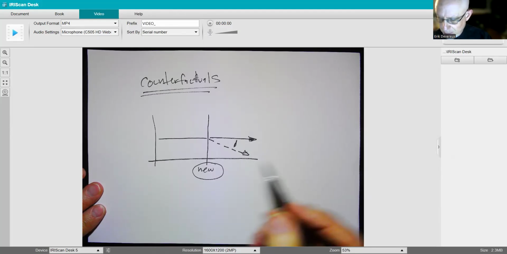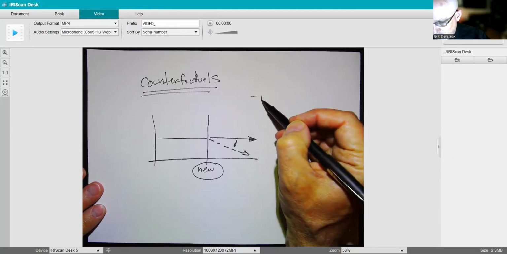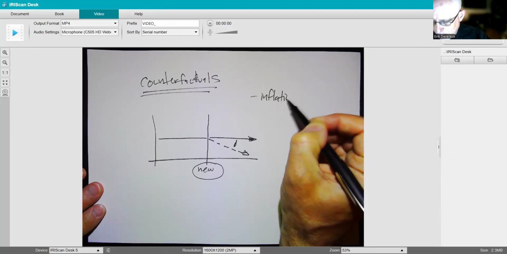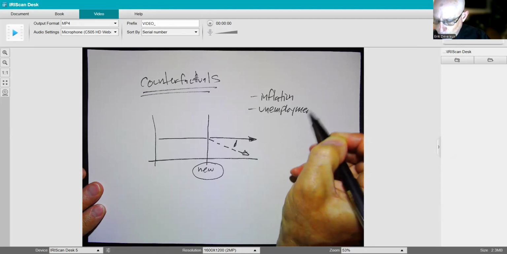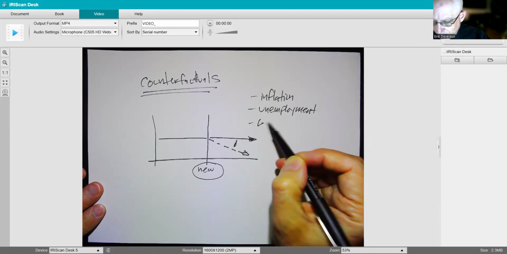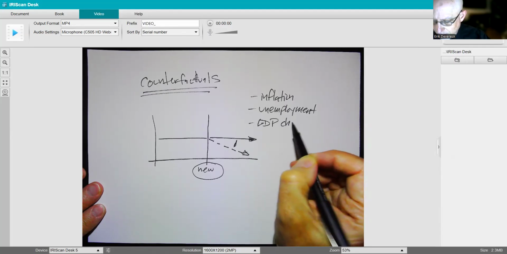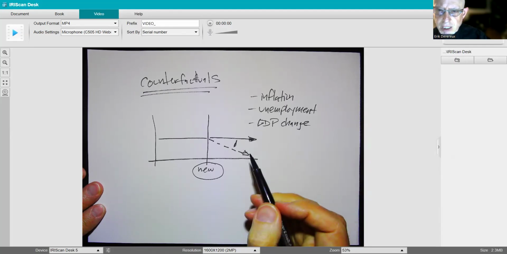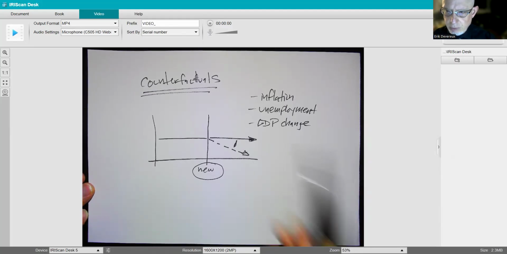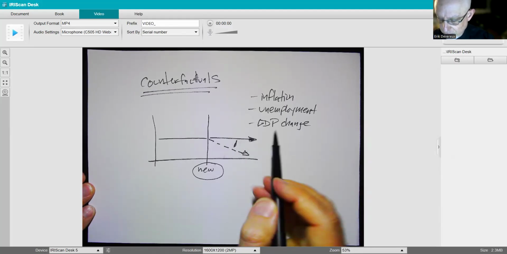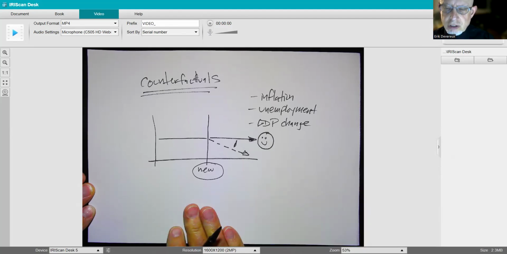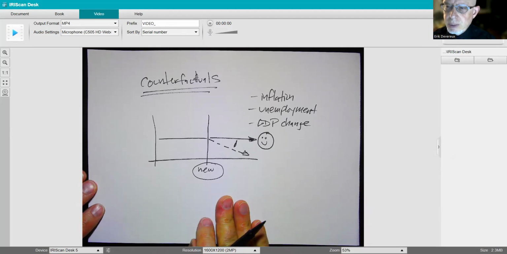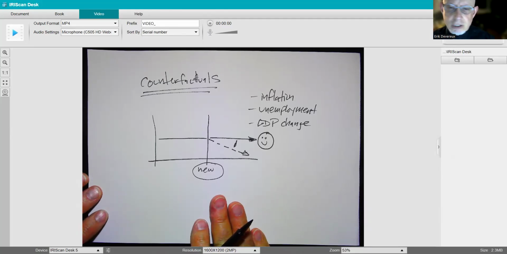If you embedded something about inflation, or unemployment, or a GDP change, you might be able to say with an appropriately crafted metric, actually, this was a huge success. Because if we recraft our metric, we can see that relative to economic conditions, we're actually doing very, very, very well.